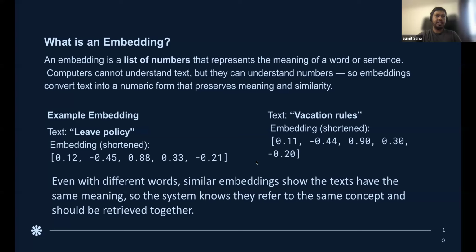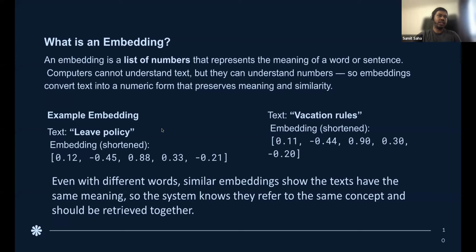This means these two texts represent similar meanings. This is why embedding is important. It has algorithms that convert text into numeric values, and for similar texts or words, the numeric values are quite close.